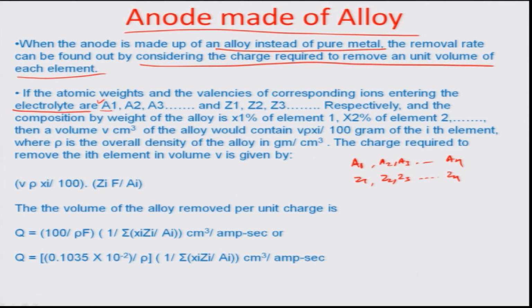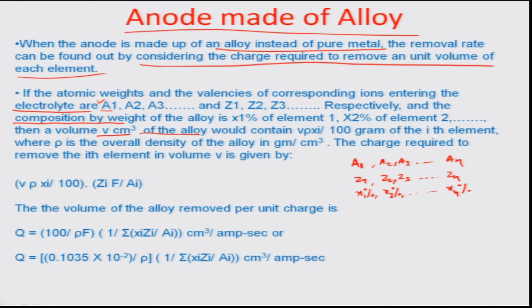Also, let us assume that the composition by weight of the different phases 1 to n in the alloyed system is x1% of A1, x2% of A2, and so on up to xn% of the nth phase, and we want to remove a volume V centimeter cube of the alloy.